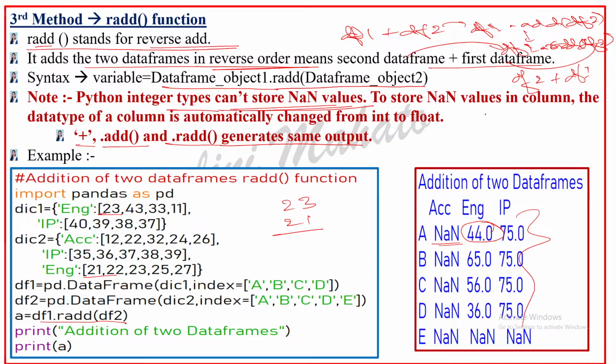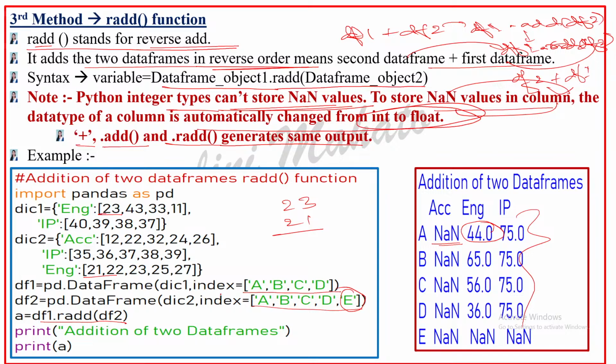So to store the NaN values in a column, the data type of the column is automatically changed from integer to float. So whenever any column is not matched, how will you understand where NaN is required when you have to write it in the exam? Just like here, 4 indexes are there, and here 5 indexes are there, so of course this is not matching.